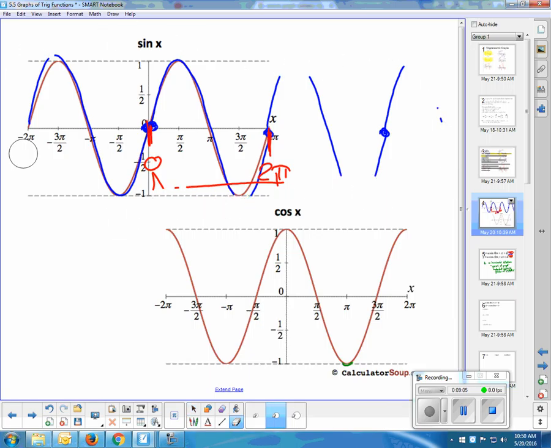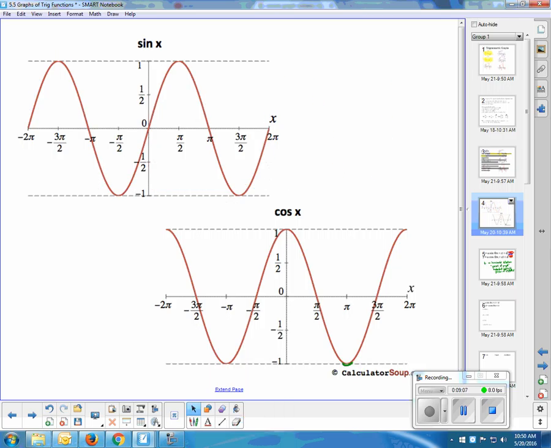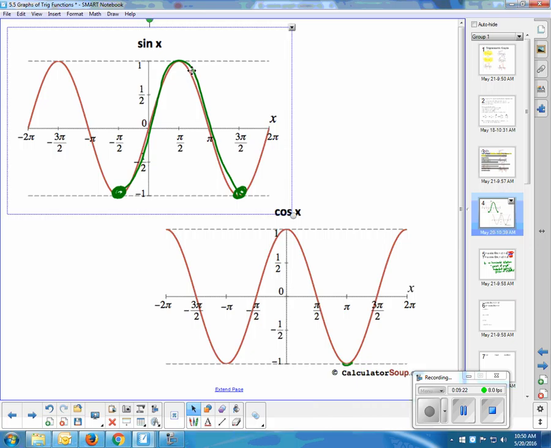Now, before we move on, let's also demonstrate that it doesn't matter where I stop and finish. I could start at this valley, this minimum, follow the graph along until I get back to a corresponding point, and make clones of that piece.